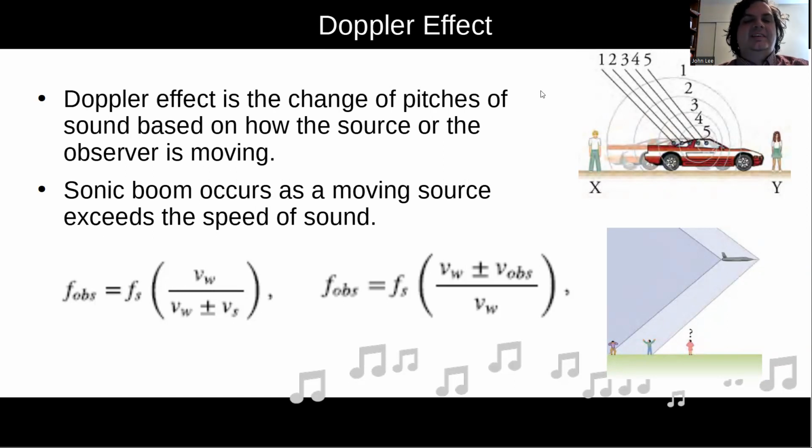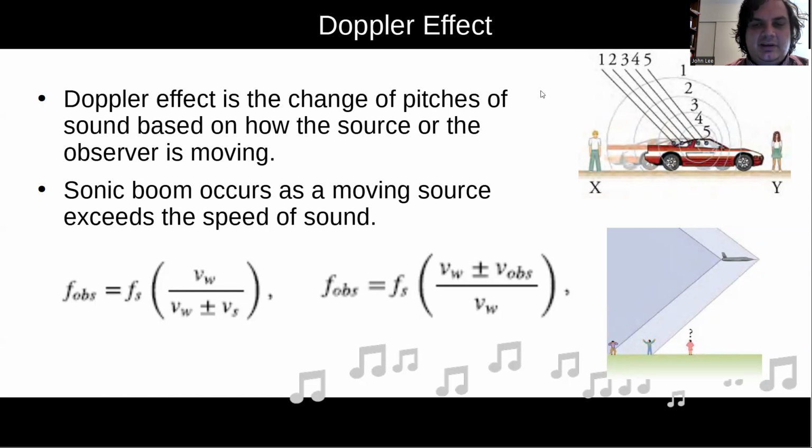So this also is true if the observer is moving towards or away from a sound. In this case, it's F observed equals Fs, the frequency of the source, times the velocity of the wave plus or minus the velocity of the observer, divided by the velocity of the wave.